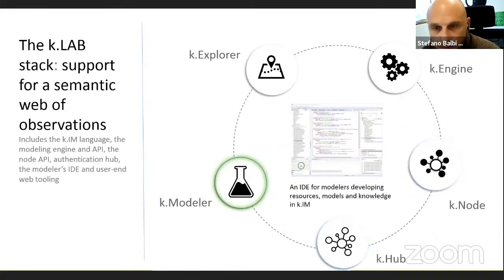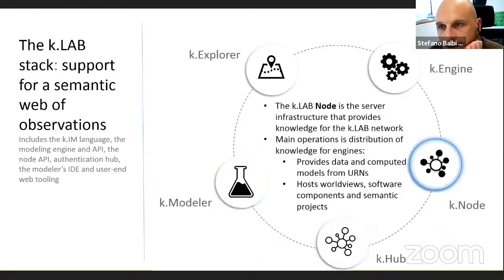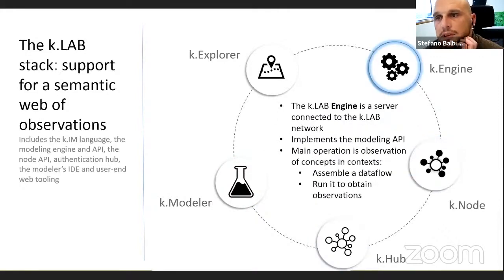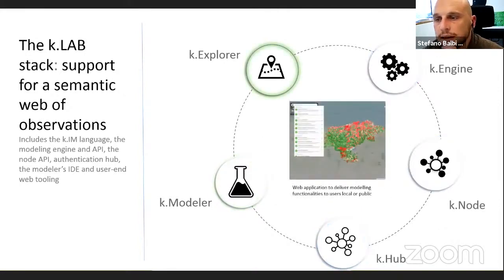So this is the user part. The part that you can actually see is the modeler. This is the part that I'm going to explain at the end of this tutorial. And the part where we will spend a little bit more time is the explorer. That is the user interface for people that want to use the modeling components without actually creating new models.